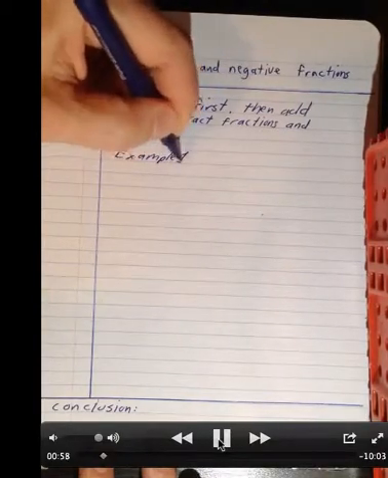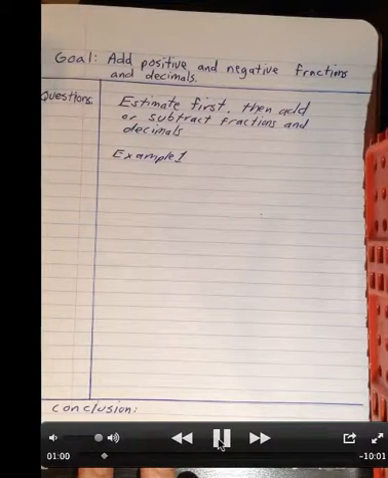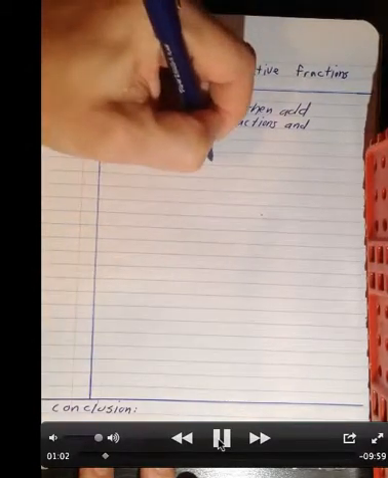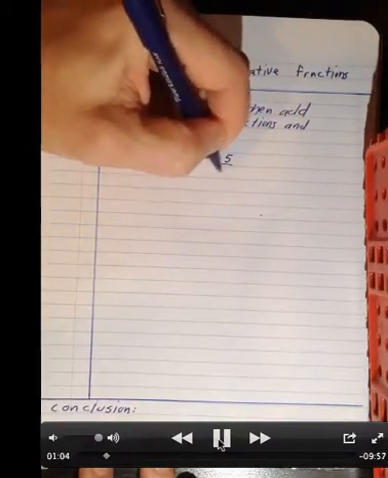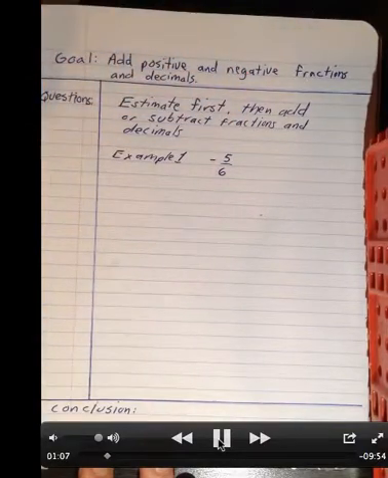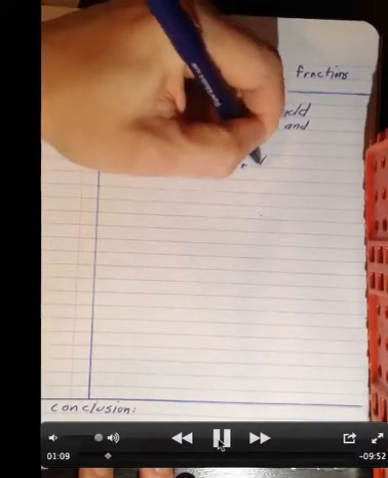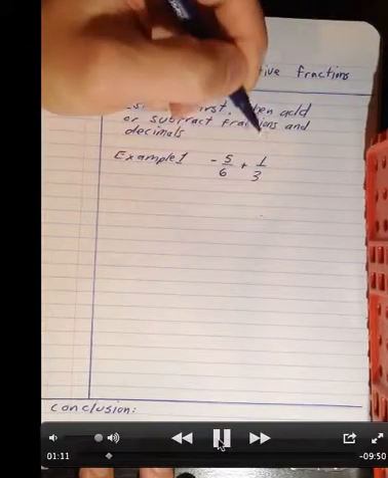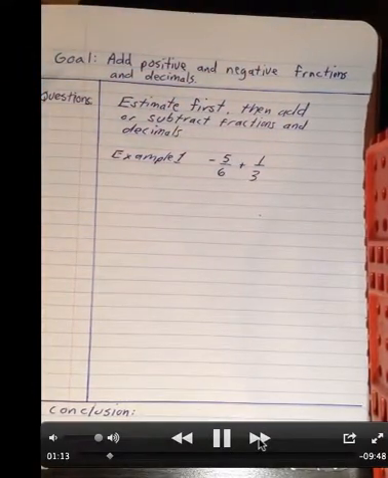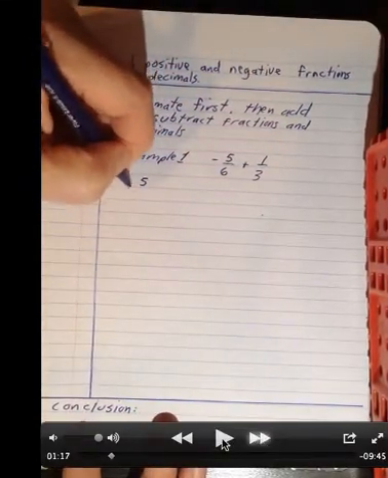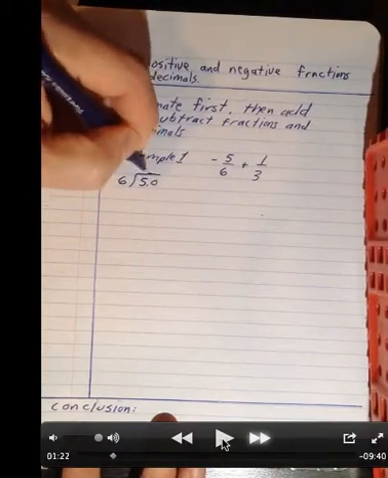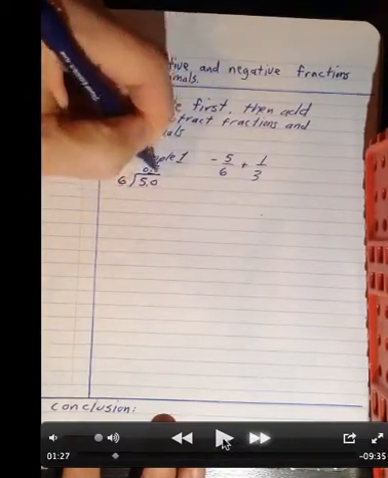So here's example 1. We're going to estimate it first. This is right out of your book on page 80, negative 5/6 plus 1/3. If I estimate that, I do 5 divided by 6. Should be able to do that pretty fast now.